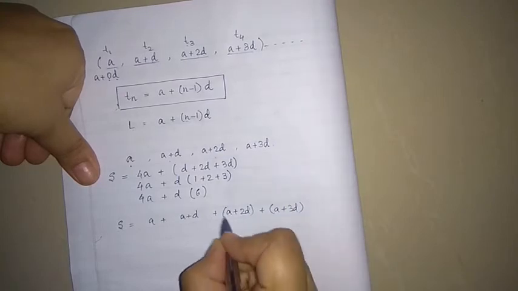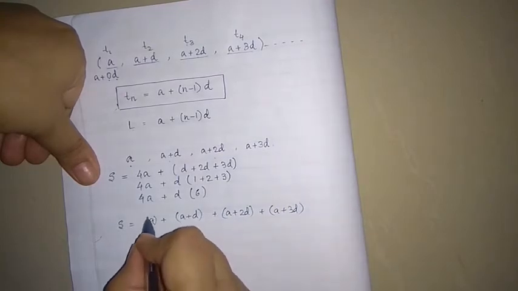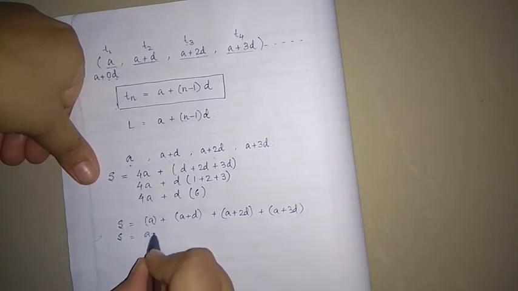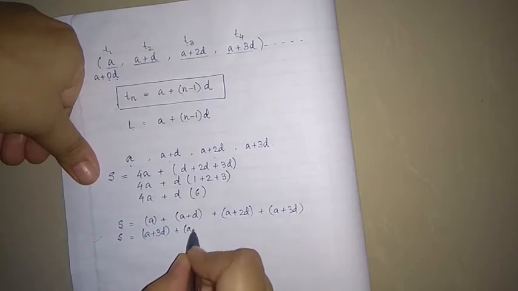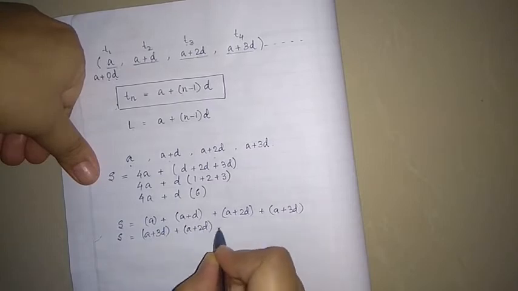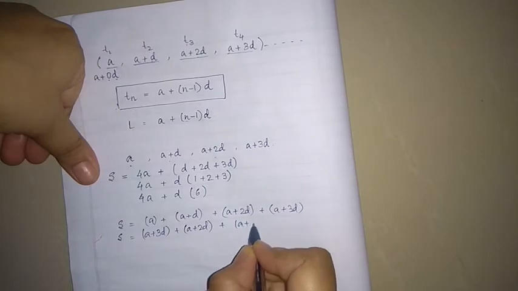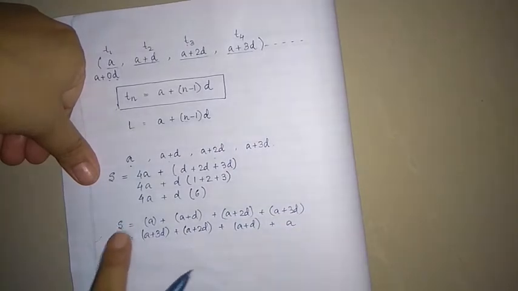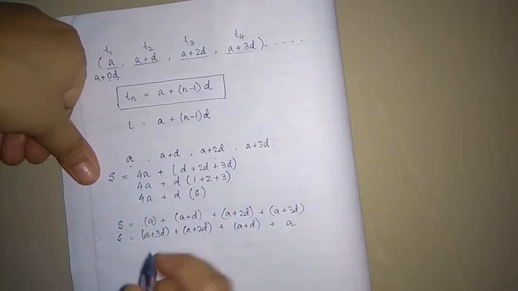Okay, we obtained this. Now S can also be written as a plus 3d, a plus 2d, a plus d, and a. We just reversed the order.